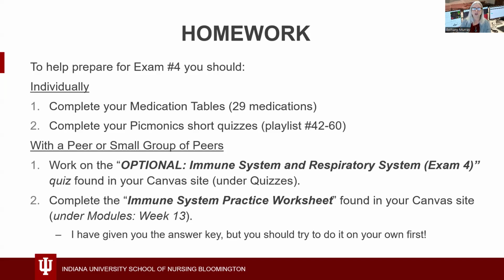So try to do the worksheet on your own or with some friends, and then you can go back and look at the answer key to see if you selected the right answers or not. So it's just different ways of looking at all the same material, so you're exposed to it over and over in small amounts. Because we're having some online class sessions, we really won't have the ability to do an in-class review session. So these are your review materials for exam number 4.